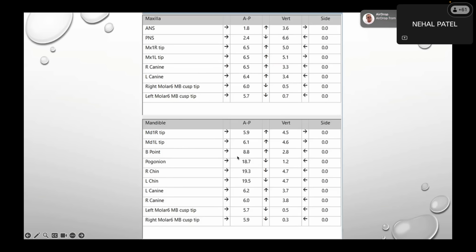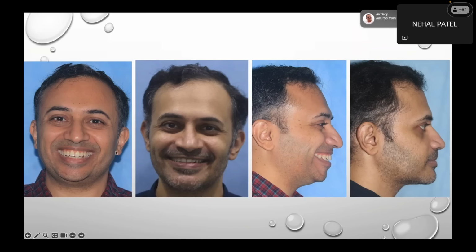At chin level, after genioplasty, it was advanced around 18.7 millimeter, and this is what he is after. So he looks actually more younger than before. I call this procedure a reverse facelift, because in patients who are more than 40 years above, when you do this procedure, it stretches the lip skin, and they look more younger, along with the treatment of obstructive sleep apnea.